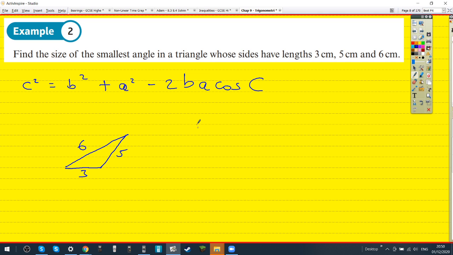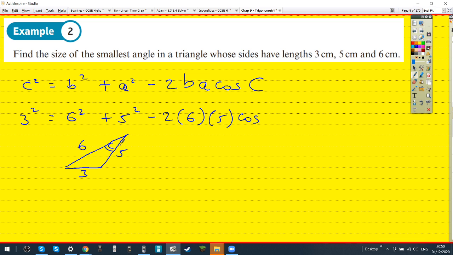And so what are we subbing in? 3 squared equals 6 squared. Would that be right? Yep. Plus 5 squared minus 2 brackets 6 brackets 5 cos C. Capital C is the angle opposite.